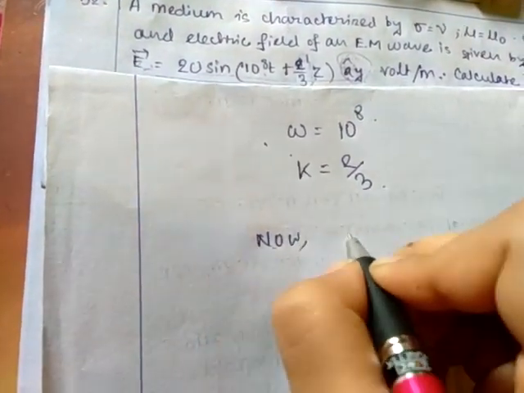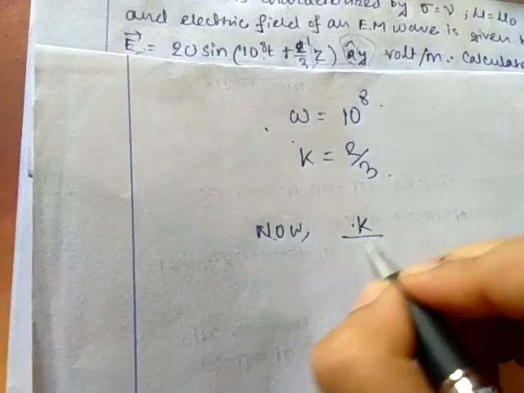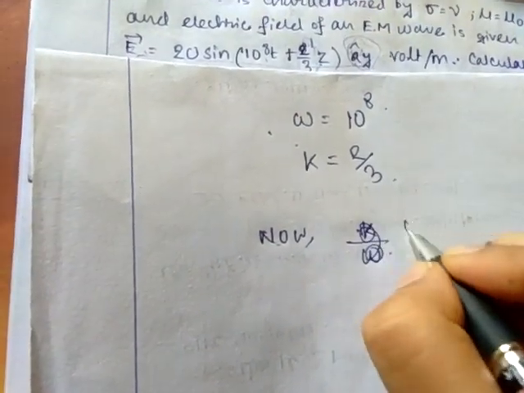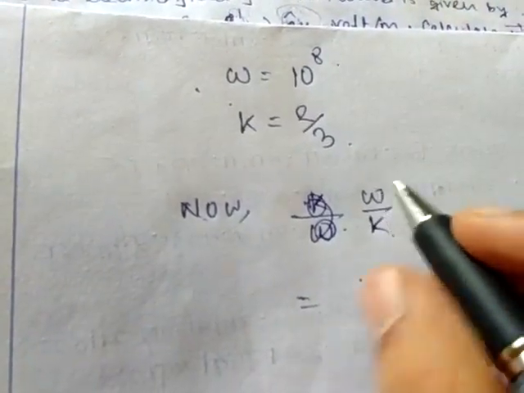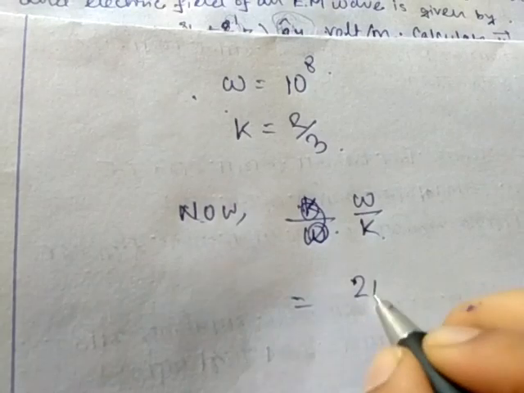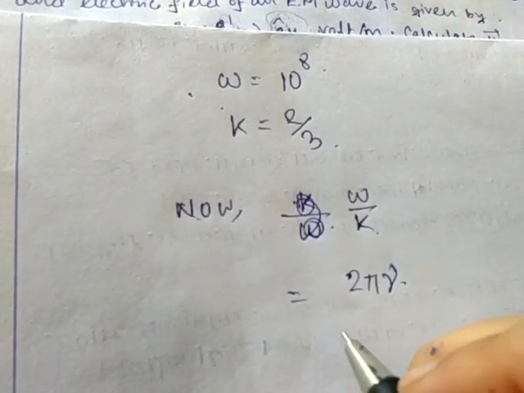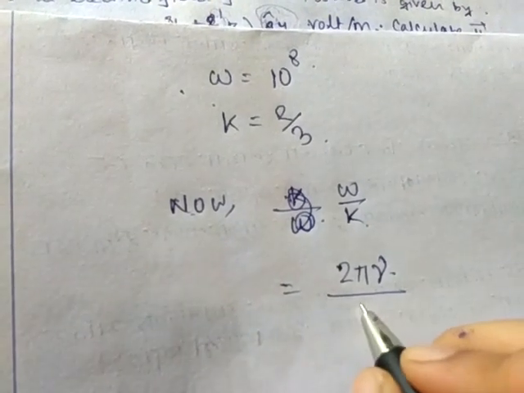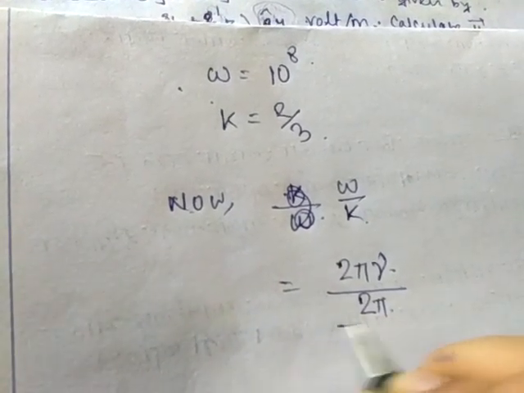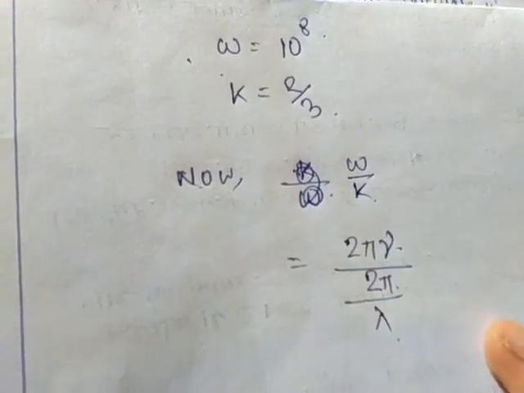Now omega by k, omega can be represented as 2 pi nu, where nu is the frequency, and k is the wave vector or wave number, which can be written as 2 pi by lambda.